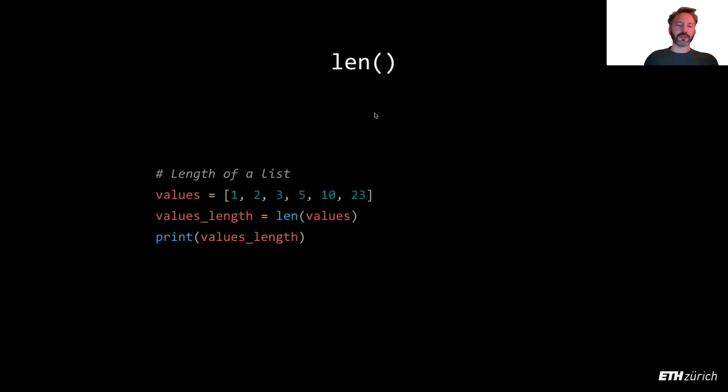Again, please note the lack of a dot before len. So we don't do values dot len, although it might be logical to think that it could be possible to do that. Python doesn't have a dot len function attached to lists.